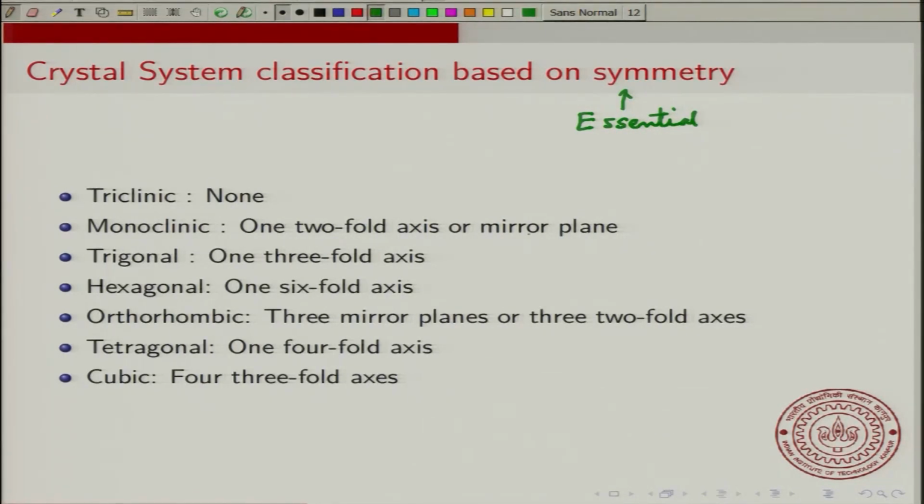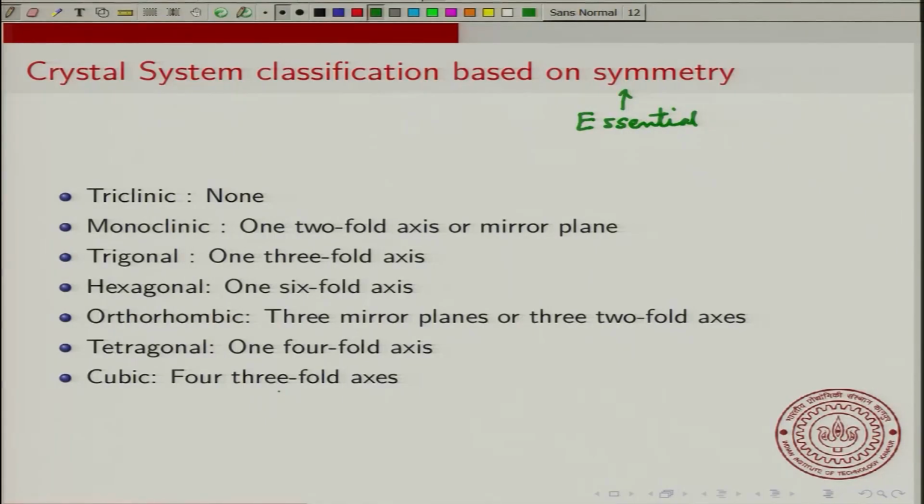A monoclinic had a two-fold axis or mirror plane, a trigonal had a three-fold axis, hexagonal a 6-fold axis, orthorhombic had either 3 mirror planes or 3 two-fold axes, tetragonal had 1 4-fold axis, and cubic had 4 3-fold axes. So these were the essential symmetries for various systems.